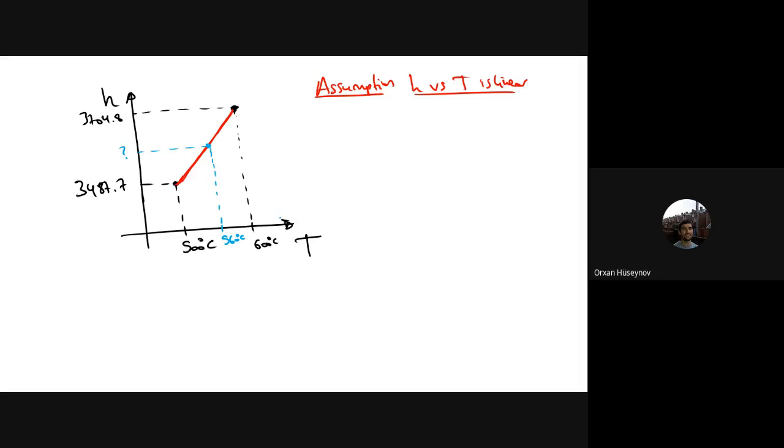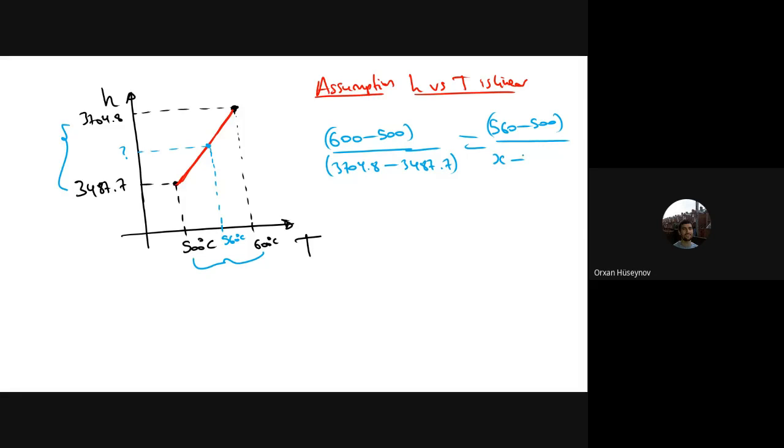So let's do it. 600 minus 500, divided by 3704.8 minus 3487.7, the difference in between here, should be equal to the second one: 560 minus 500 divided by x minus 3487.7.